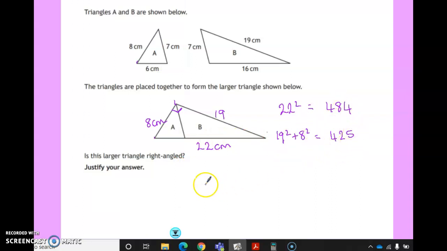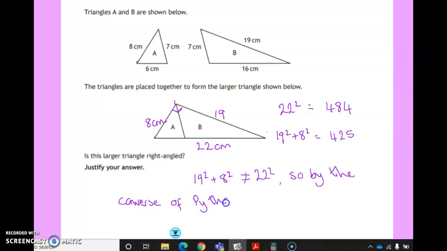Now they're not the same, they're not equal, so we're going to say 19 squared plus 8 squared is not equal to 22 squared. So by the converse of Pythagoras' theorem, the triangle is not right angled.